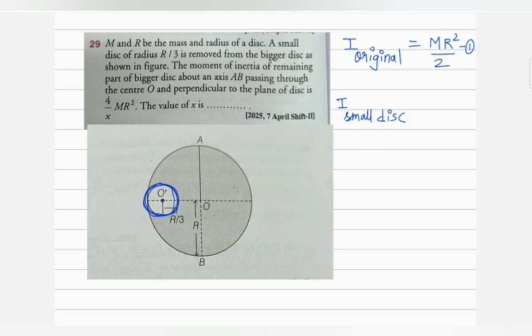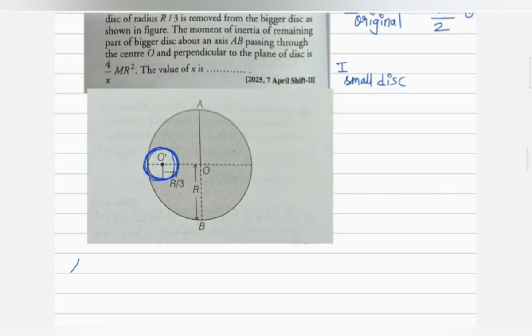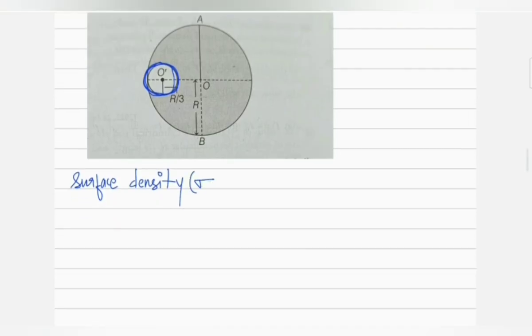Students, tell me one thing. Can I say this is a disk, right? So surface density you can assume to be constant. Can you do this? Surface density, which is denoted by sigma, is going to remain constant. Yes, students? Now the basic formula for surface density sigma looks like mass per unit area. Obvious, students? Mass per unit area.